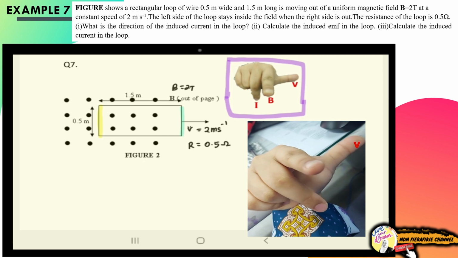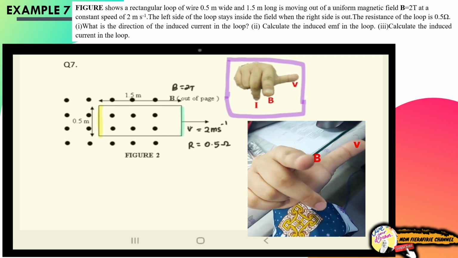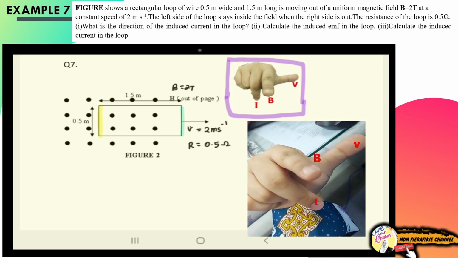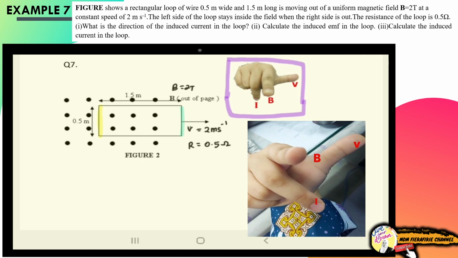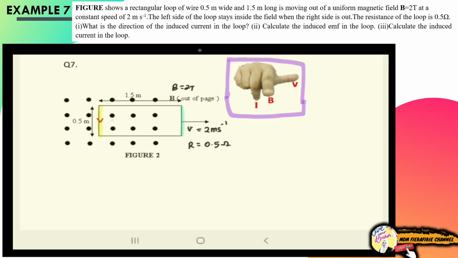So the direction is downward, in this direction. Okay, so we consider this one. Why do I say I consider this one downward? Because it is the side that is inside the magnetic field. The question says the right side is out, the left side of the loop stays inside the field.